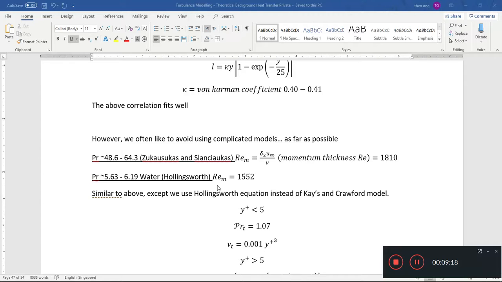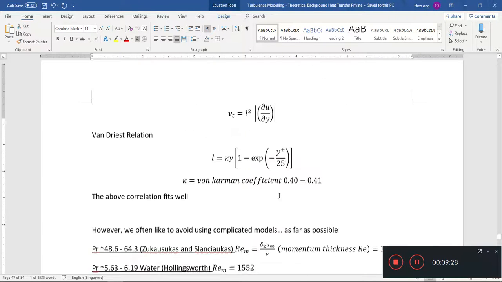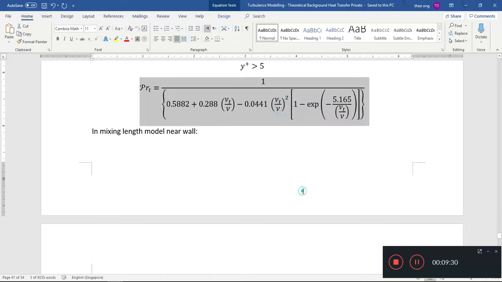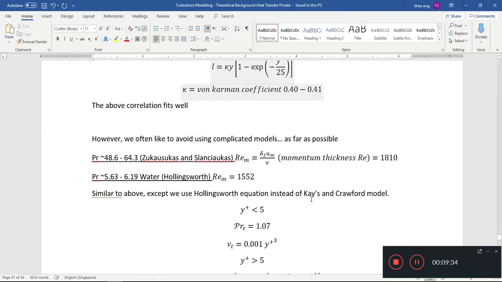They are used for pipe flow or internal flow situations in forced convection, because of the Kays and Crawford and Hollingsworth model. So the Hollingsworth model is this one, and Kays and Crawford's is this model. These are generally used for pipe flow in a tube, not exactly for natural convection. But anyway, we have this kind of correlation we are using.